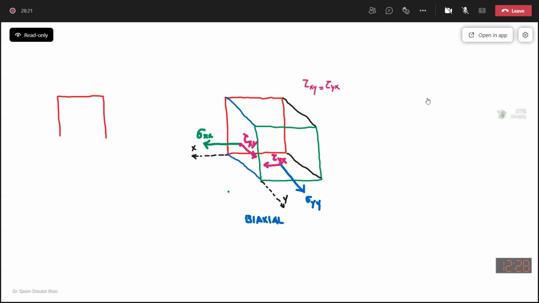So now I am drawing the biaxial stress state.